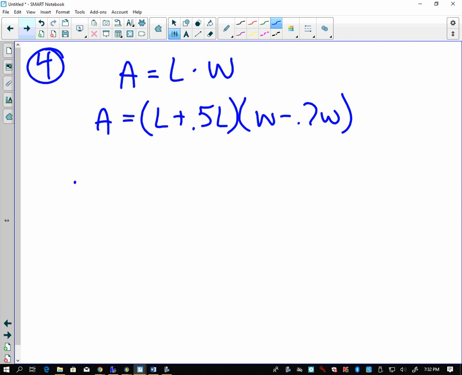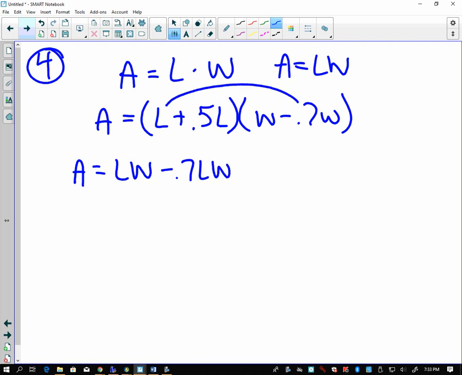Okay, now we can FOIL this. L times W is LW, keeping in mind that standard area equals LW. Then we'd also get negative 0.7 LW from here to here. We'd get positive 0.5 LW from here to here. And we would get negative 0.35 LW here.